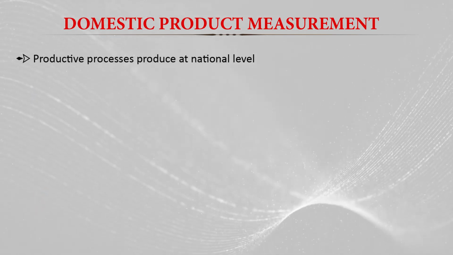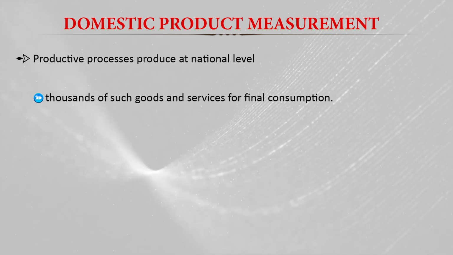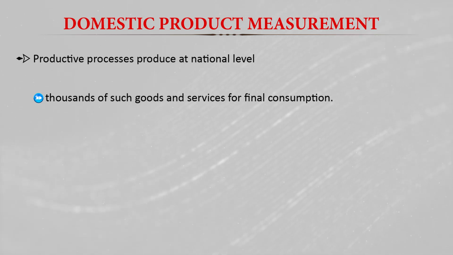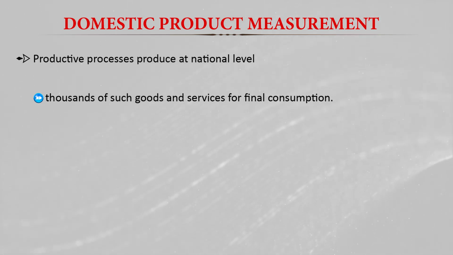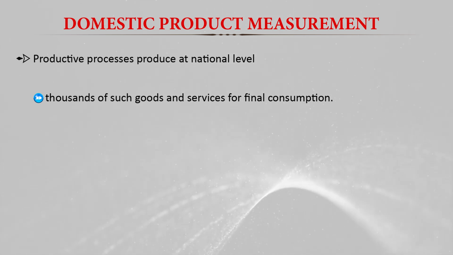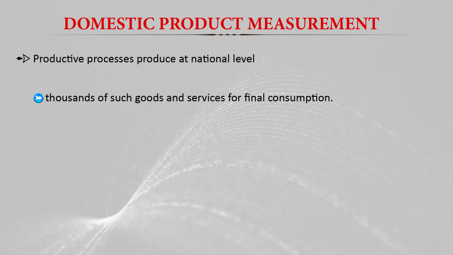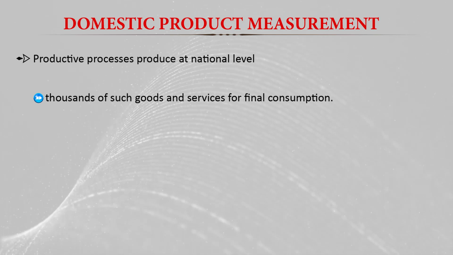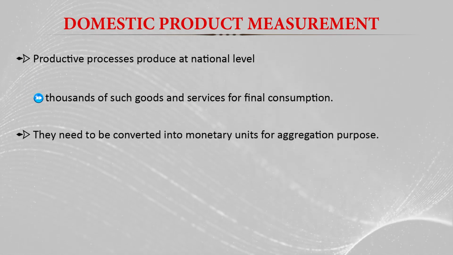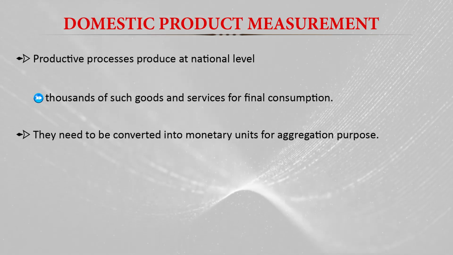And the productive process produces, at the national level, thousands of such goods and services for final consumption. So the production of thousands of types of goods and services is there, and we need to aggregate all of these to get the national figure, the national gross product or gross domestic product, and they need to be converted into monetary units.